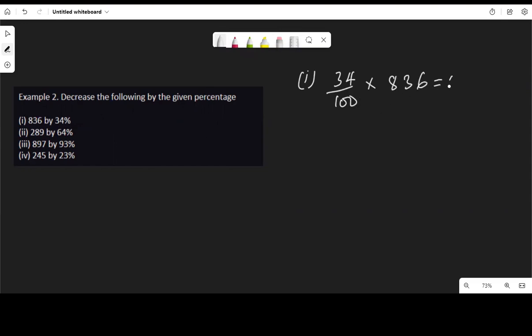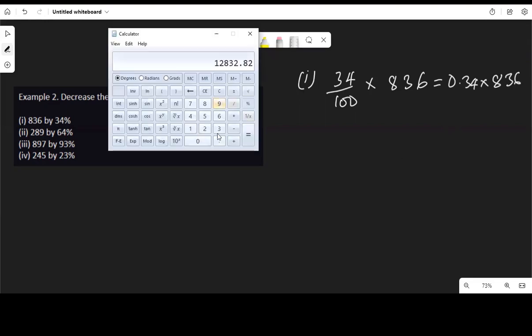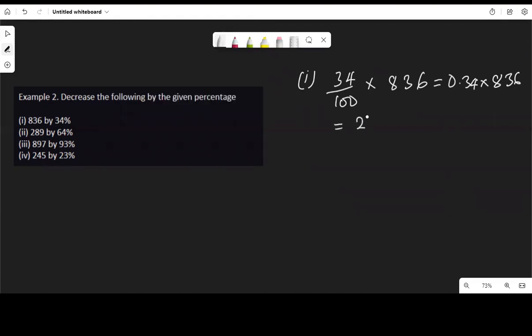That will be 0.34 times 836. That is 284.24. That is a decrease. So we have to decrease this quantity by this value.